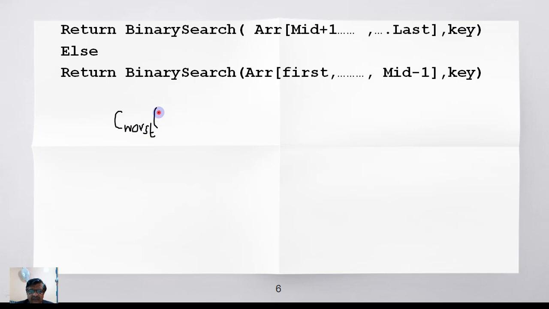as a function of input size n, equals the number of comparisons for only one portion of the array which has n by 2 elements, plus one comparison before the recursive function is called. This is one comparison before the recursive call. Every time the algorithm faces the same situation: only one portion of the sub-problem will remain, with size equal to n by 2 after one comparison.